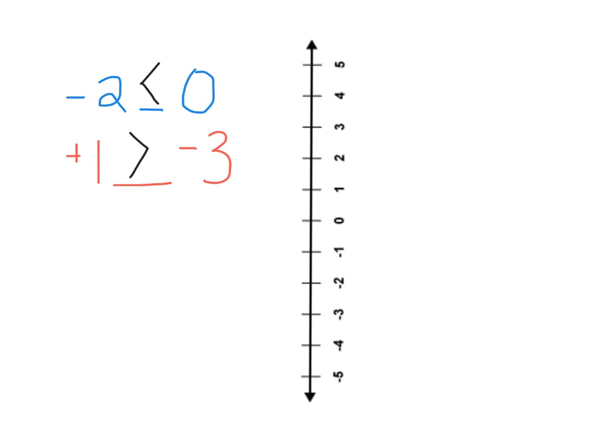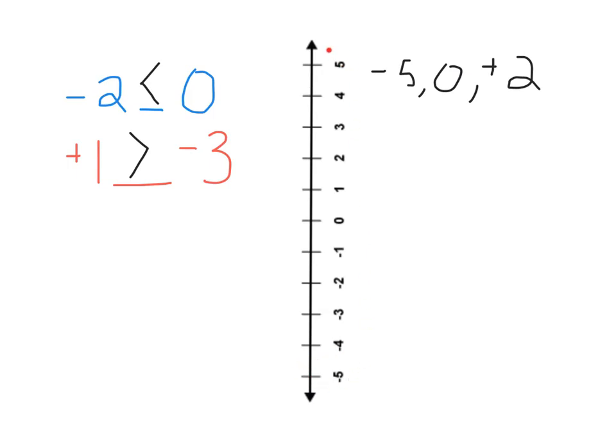Now, if we're going to order integers using a vertical number line, the numbers on the top are greatest, as we said, and the ones on the bottom are smaller. They're the least numbers. So we would take a look here. If we have the numbers negative 5, 0, and positive 2, and we're told to put them in order from least to greatest, the least is down here toward the bottom.